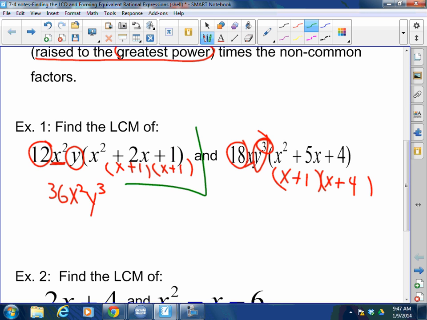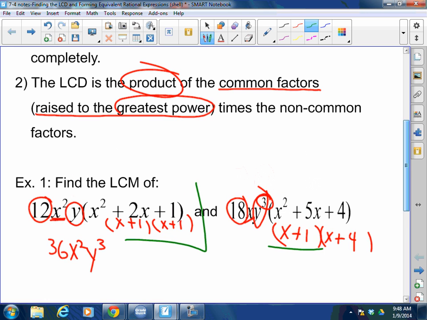How many do I have on this side? But doesn't this say it's the product of common factors raised to the greatest power? So who has the greater power, x plus 1 squared or x plus 1? So that's what I mean by common factors to the greatest power.